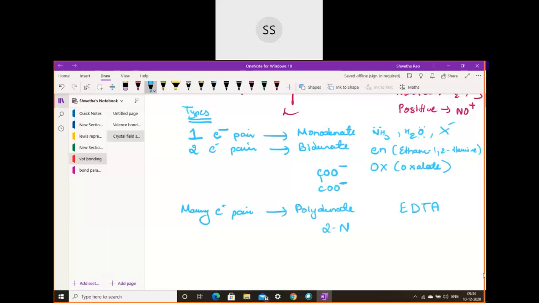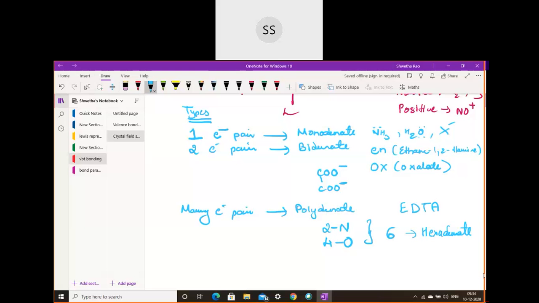Then we have polydentate ligands. If they can donate many lone pairs of electrons to the central metal atom, then it is called a polydentate ligand. An example for polydentate that I've given is EDTA, that is ethylenediaminetetraacetate ion.